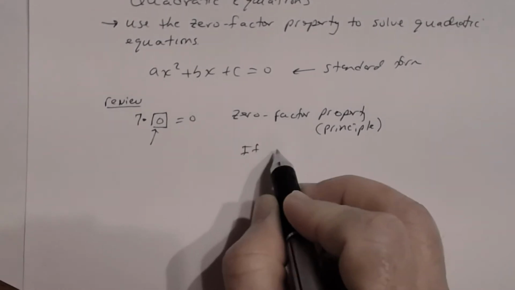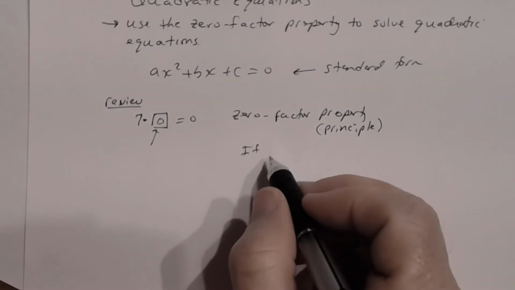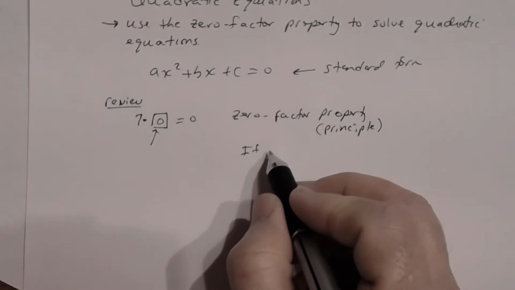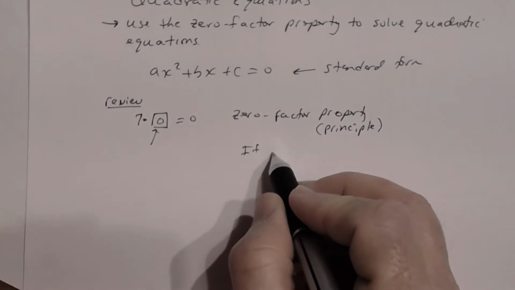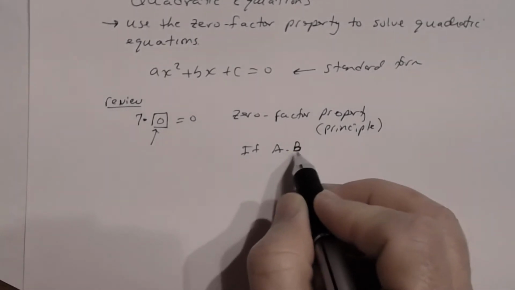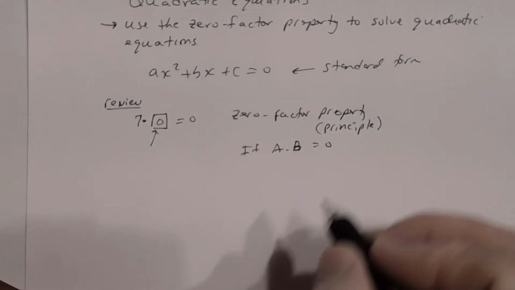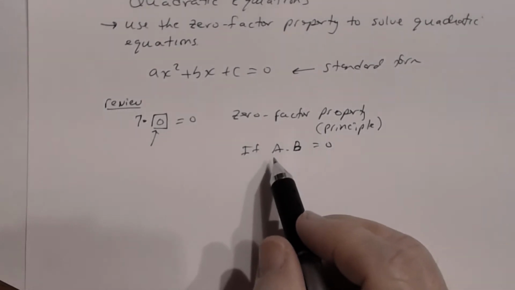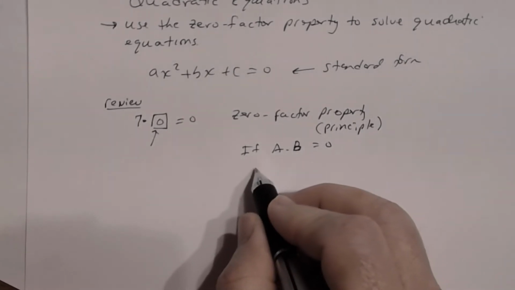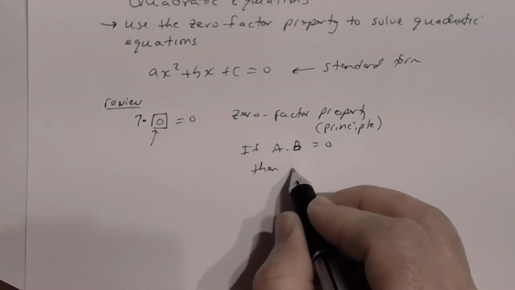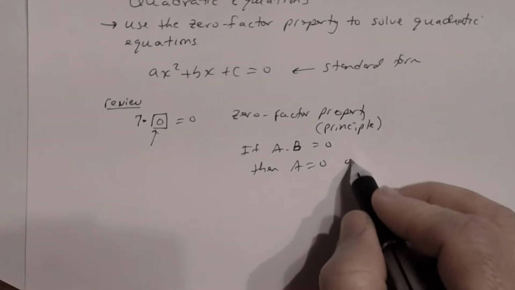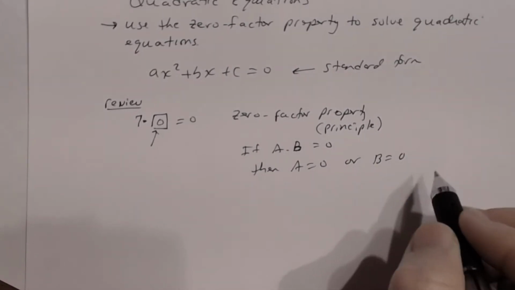If you have, and in this case we're going to look at two factors, but it could be more than two factors. It could be 3 factors, 4 factors, whatever it may be. But if you have two factors, A and B, and you're told that their product is 0, then the only way that this product can be 0 is if A is 0, the factor A is 0, or the factor B is 0.